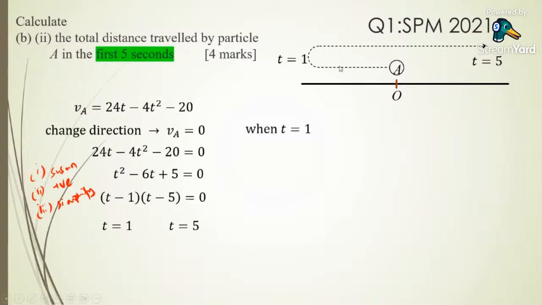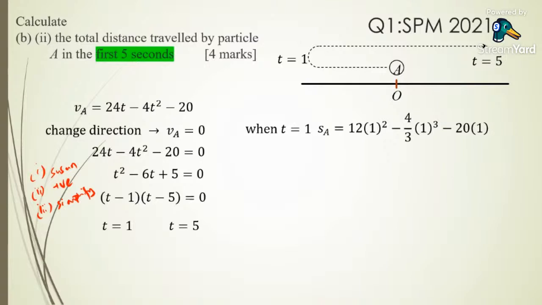So let's calculate. When t equals to 1, kita nak masuk dalam function yang mana? Kita masuk dalam function displacement. Jangan masuk dalam function velocity. Okay, maybe I should write the function of displacement first, senang awak nak rujuk.